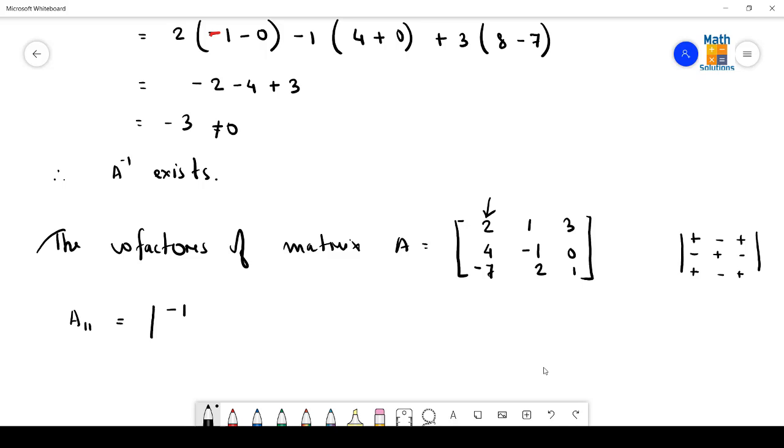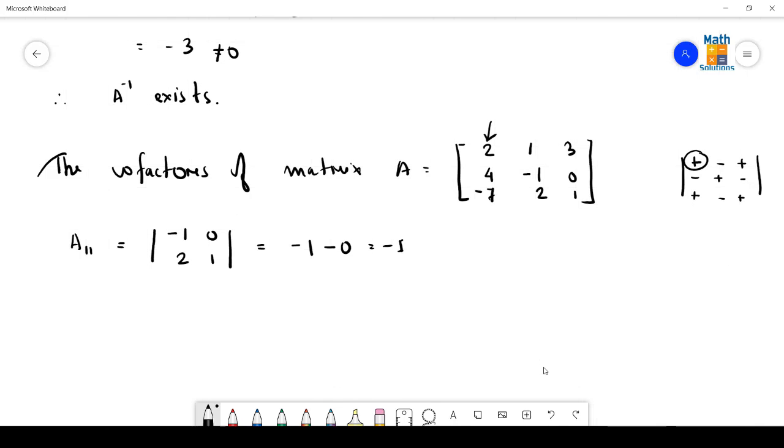So this is the determinant of order 2. Of course this will be positive, the positive sign convention we have to use here, and after expansion the result comes as minus 1, minus 0. It is ultimately minus 1.